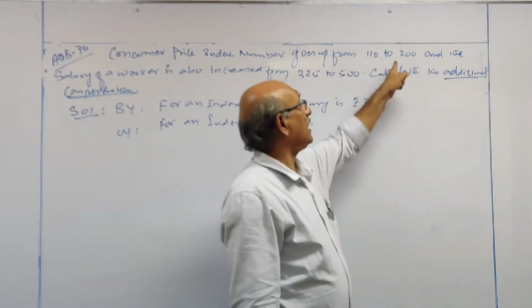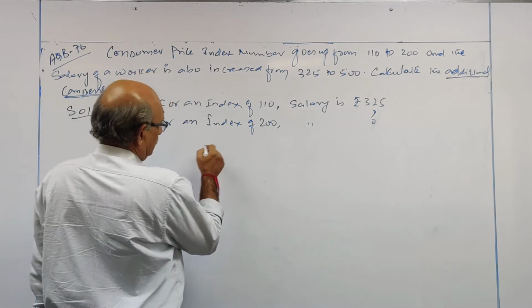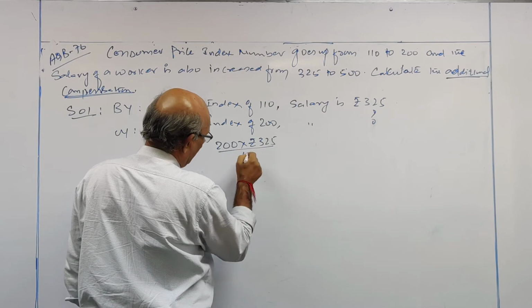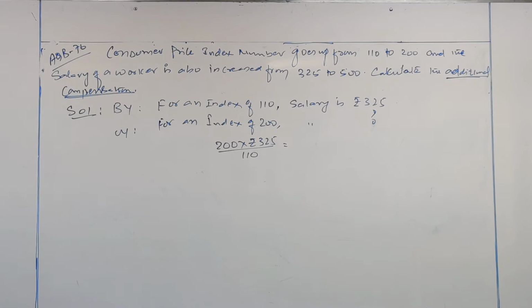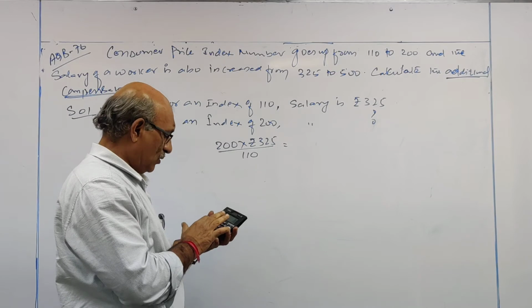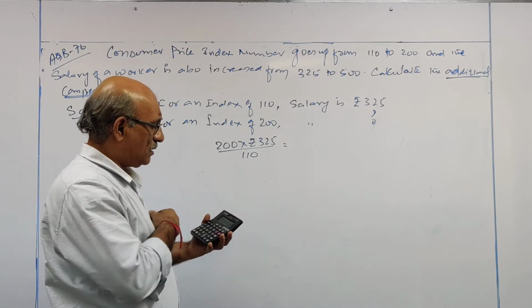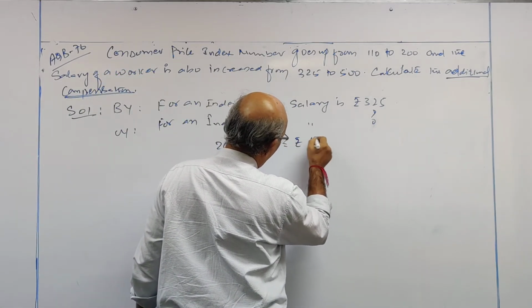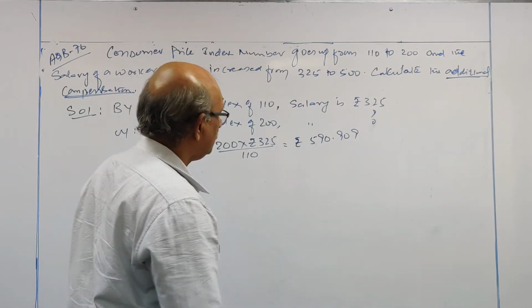I am not considering the current year salary. I will take it later on. So 200 into 325 divided by 110 is 590.909.